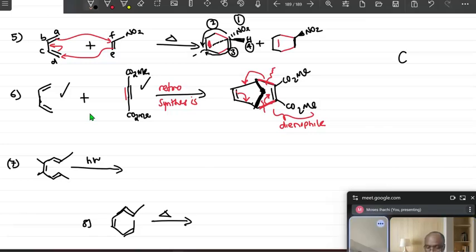Okay, I think I did it. The first one at least. Okay, so firstly I determine I have 6 pi electrons involved. So this is gonna be forbidden or disallowed. So you switch it. So whatever stereochemistry I have, this is out.